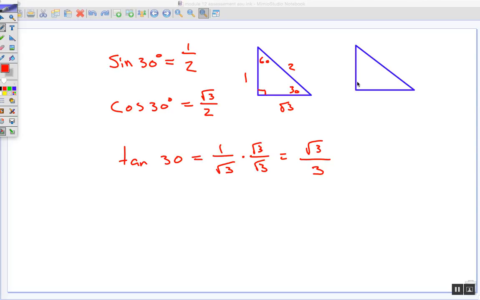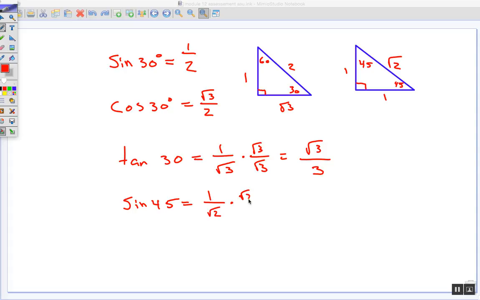Now let's do a couple of examples with our 45, 45, 90 triangle. So opposite 45 is 1, opposite 45 is 1, opposite the hypotenuse is square root of 2. So the sine of 45 is equal to opposite over hypotenuse. So 1 over square root of 2.